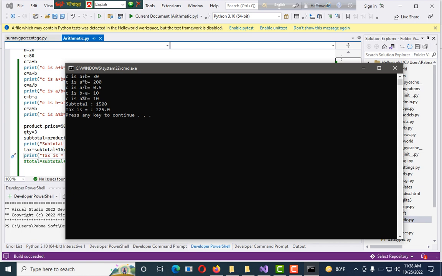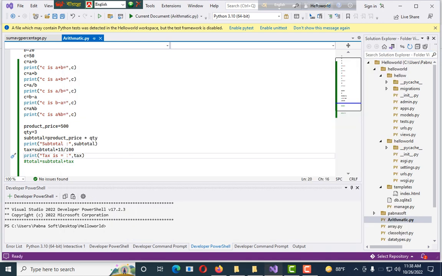Tax is 15%, so 15% means 15 divided by 100, and tax is equal to subtotal multiply 15 divide 100, okay. So tax is equal to tax. This is find out the tax is 225 taka, okay.